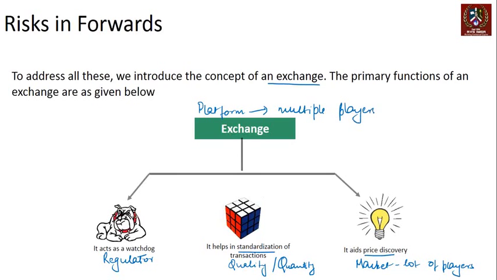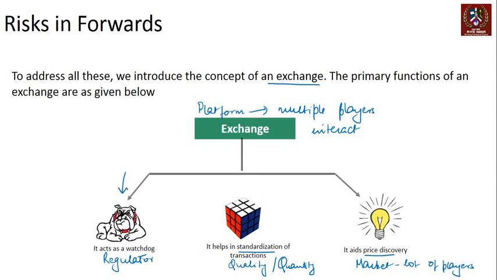So multiple players interact, and it is the responsibility of the exchange to ensure that there is no default risk. They do it using various mechanisms which are probably better discussed at a later stage in our curriculum. But at this point, let's assume that the exchange is the watchdog who ensures that everyone pays up.